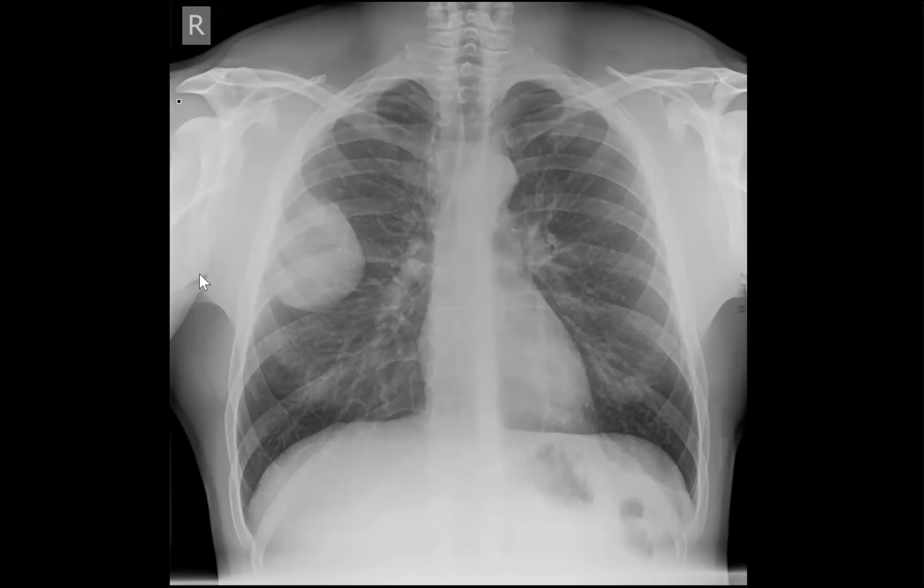The possibilities include a lateral chest wall lesion. It is not of lung pulmonary origin. It appears to be of chest wall origin. It could be originating either from the bone or from the pleura.